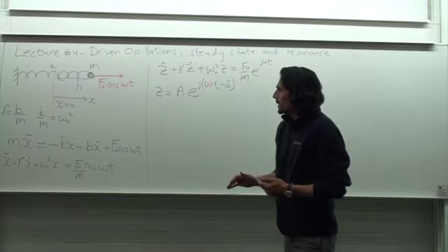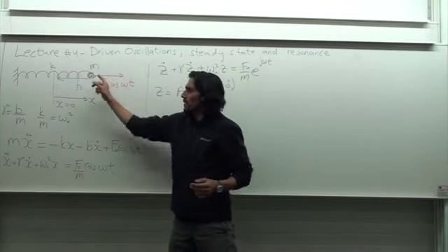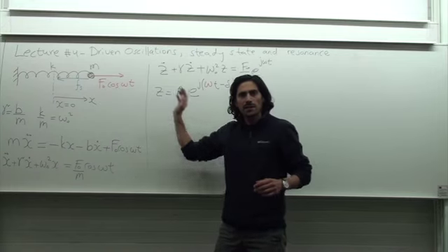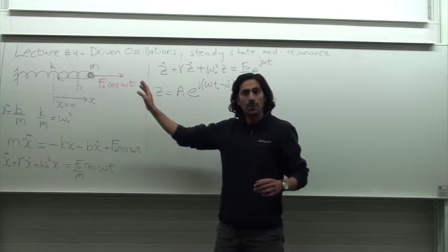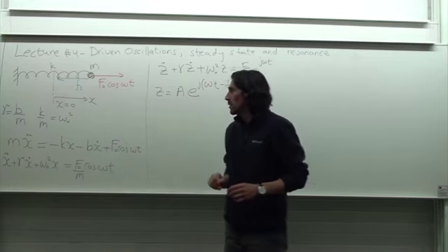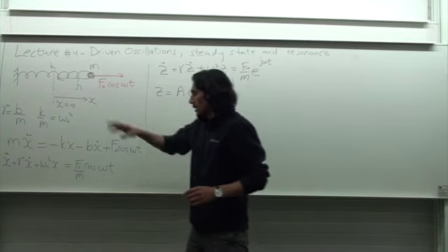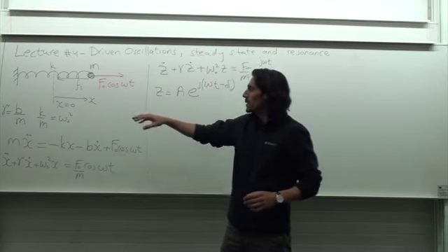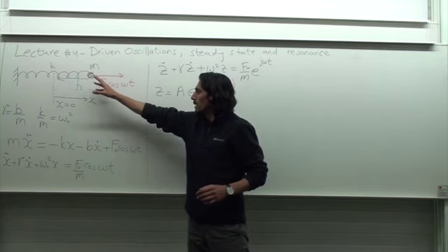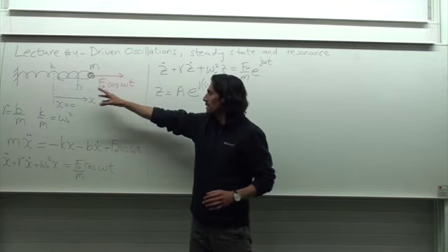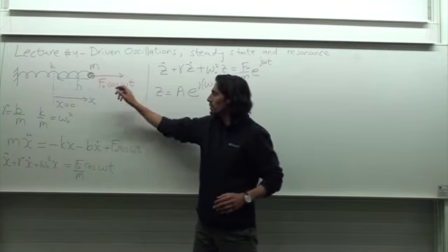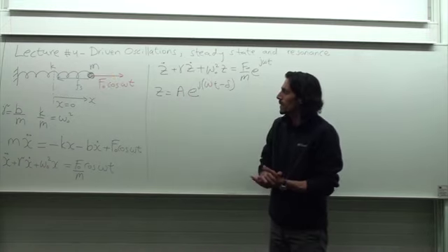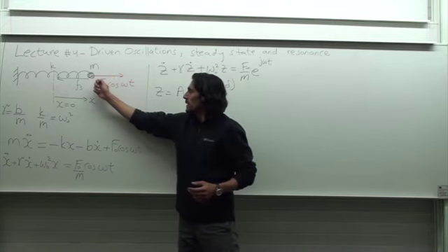Now, if I just give the spring a kick, it starts oscillating at frequency omega 0, without damping. Even with damping, it doesn't matter if we now have a driving force.